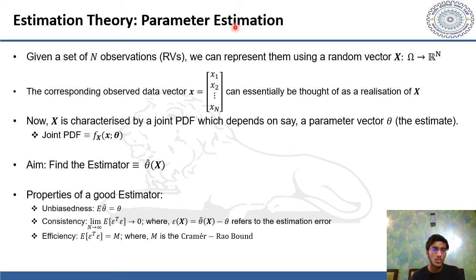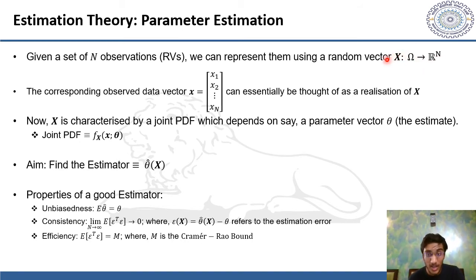Now that we have defined a lot of the foundational statistics, let us come on to one of the approaches and discuss that in brief as well. So let us discuss the case of parameter estimation and estimation theory. Given a set of n observations or random variables, we can represent them by using a random vector x, which maps points in the sample space omega to the n-dimensional real space Rn.